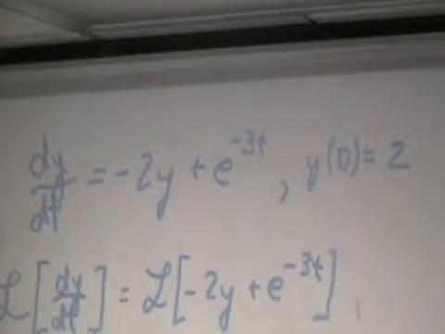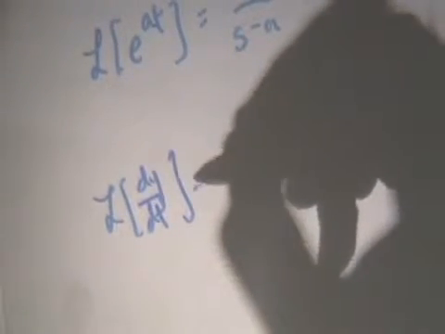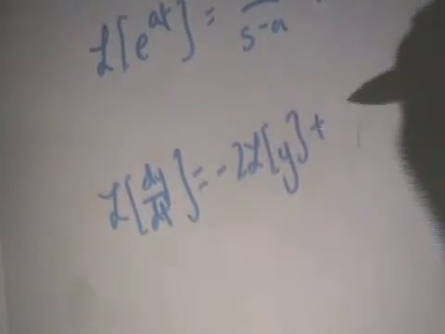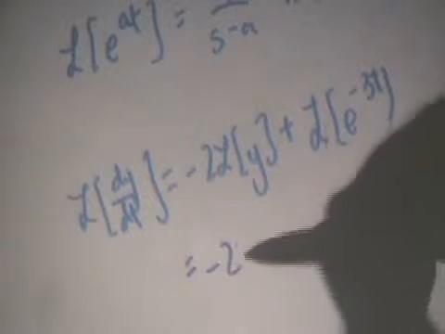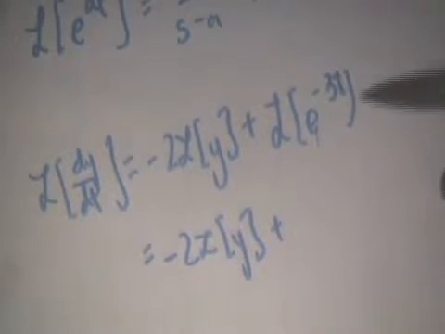Remember this from the first slide? Okay, let's rewrite what we've got here. Rewrite that from that differential equation when we took the Laplace transform of both sides. We ultimately got this. And the Laplace transform of e to the negative 3t, by what we just found, the a is negative 3.